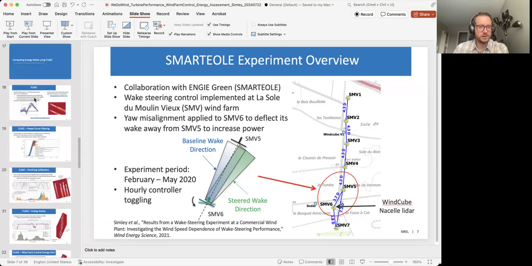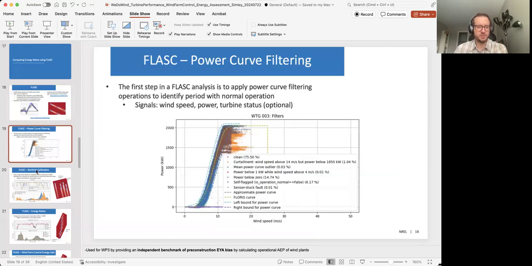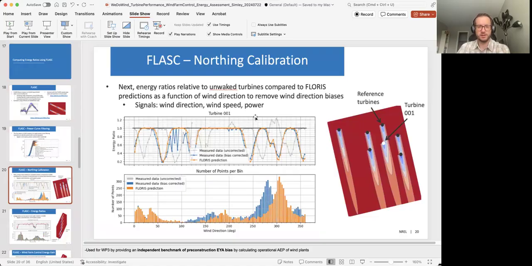So in the FLASC software on GitHub, there's a sequence of example Jupyter notebooks. They step through this process of power curve filtering and then applying this north calibration using the FLORIS energy ratio predictions. So just going to the software and the examples for the SMARTEOLE data and the artificial FLORIS data, it will walk through that process.